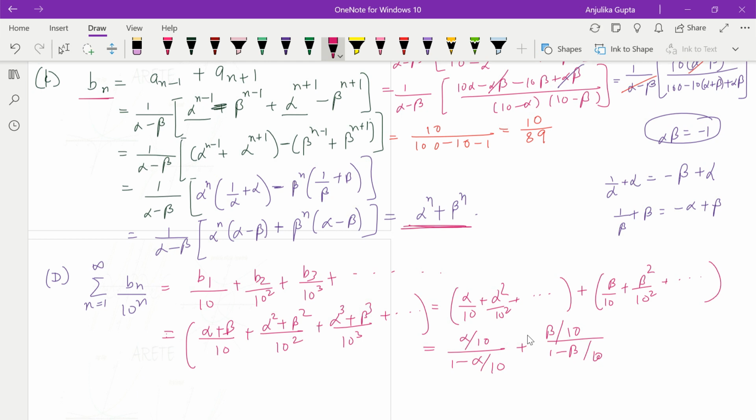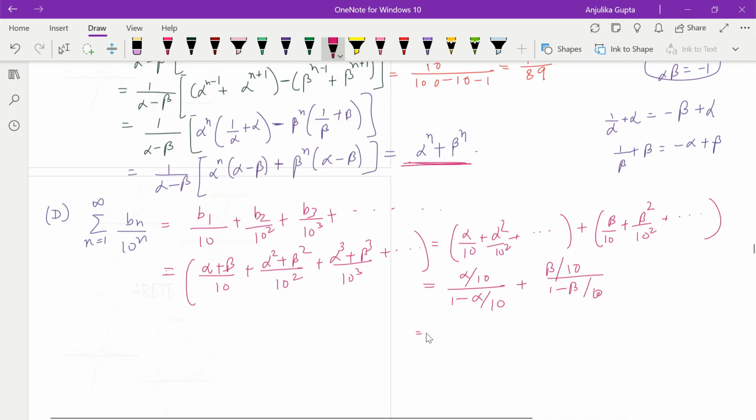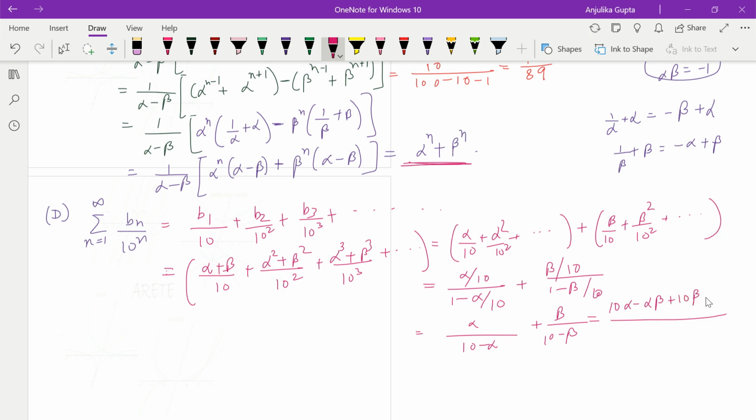Now exactly the same stuff. Shall I leave some step? Let's do it. Plus beta upon 10 minus this. Now I will try leaving a step here. So I get 10 alpha minus alpha beta, plus 10 beta, and then minus alpha beta, upon, multiplying the two, 100 minus 10 times alpha plus beta plus alpha beta.